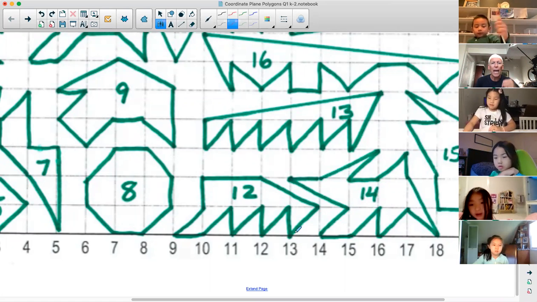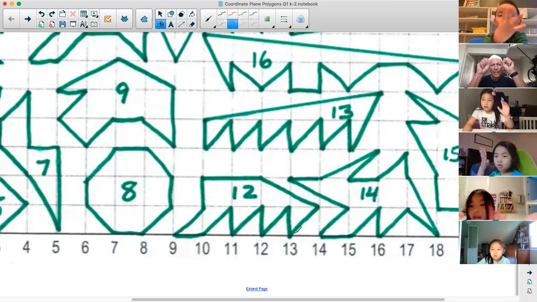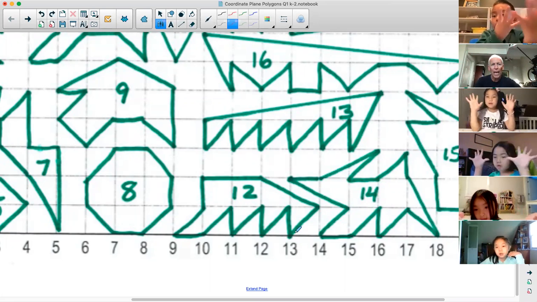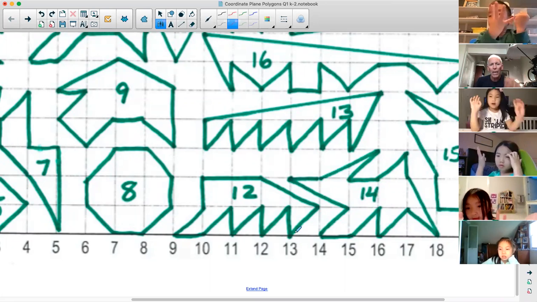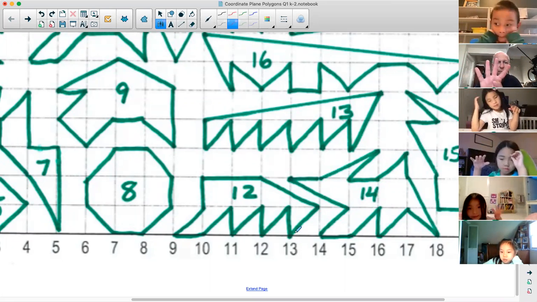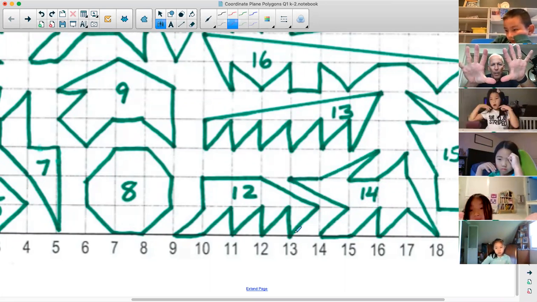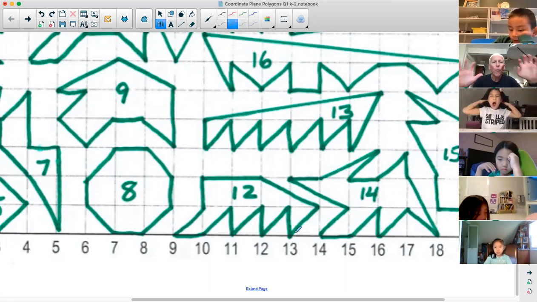Quadradecagon. Do it again. Go with your hands. Ready? Quadradecagon. Quadradecagon. So quadra means 4. Deca means 10. And 4 plus 10 is 14.